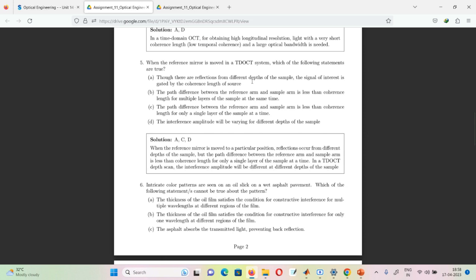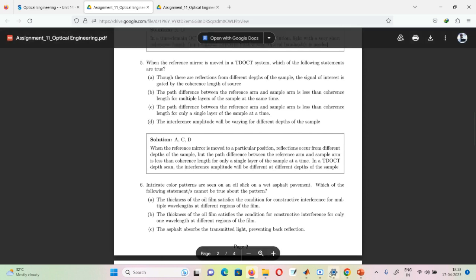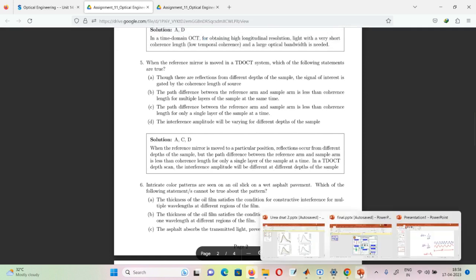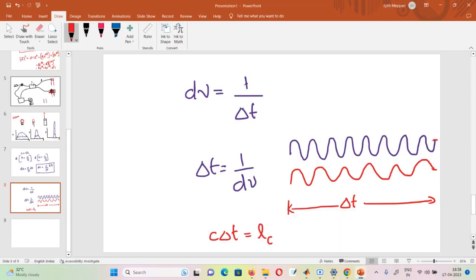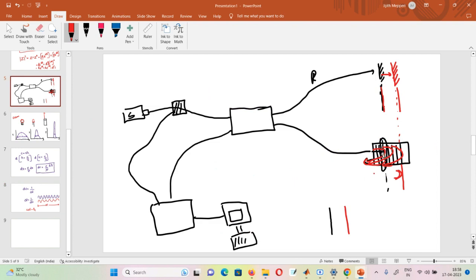Though there are reflections from different depths of the sample, you will have a reflection from your sample at a different depth. Here also you'll have one, another one also, and more depth also. But which one will only get a constructive interference? Only that particular beam which exactly matches your particular mirror arrangement.